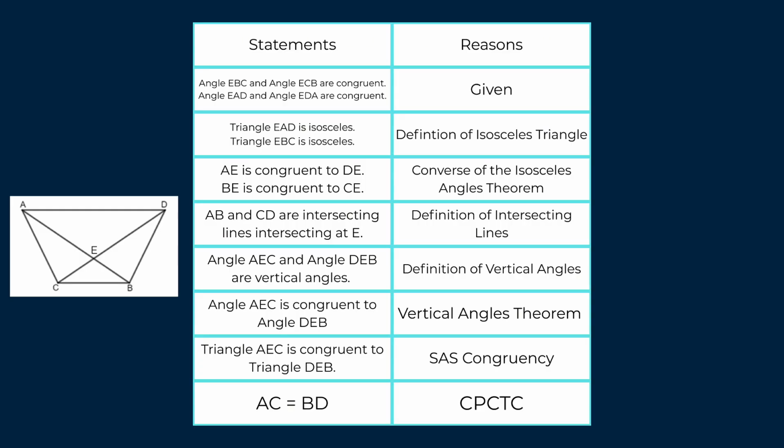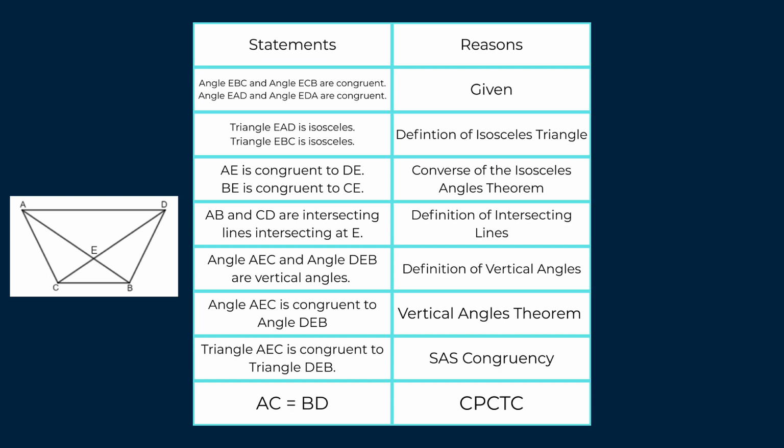Now, the converse of the isosceles angles theorem. I didn't show this before, but most of the converses of the theorems that we've learned so far are true. And so is the case for the isosceles angles theorem.